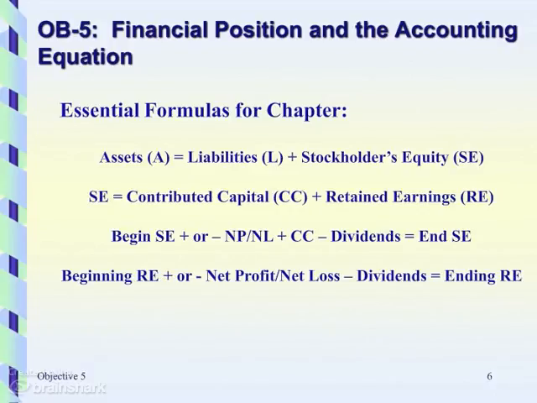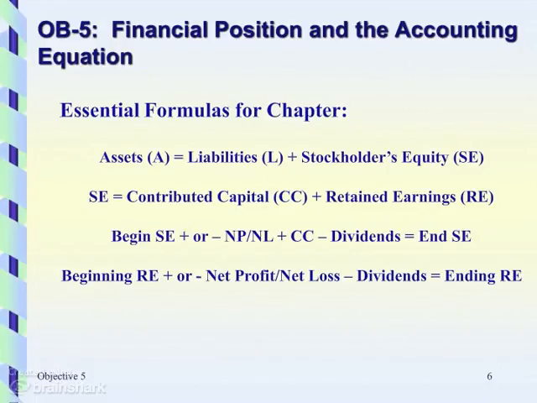Let's look at some essential formulas for this chapter. The accounting equation: assets equals liabilities plus stockholders' equity. Stockholders' equity can be further defined as contributed capital plus retained earnings.